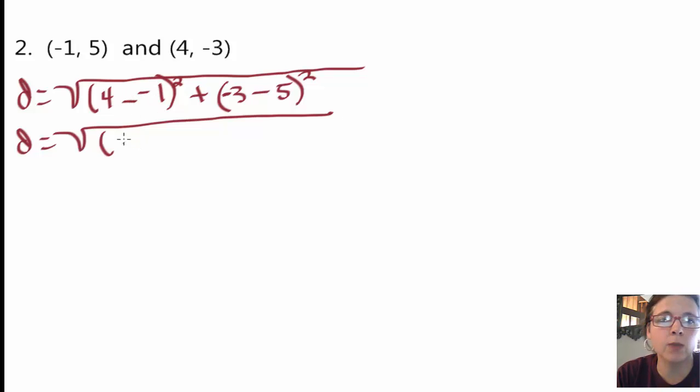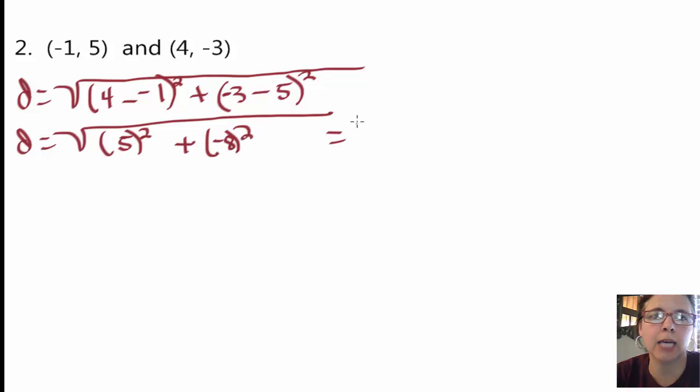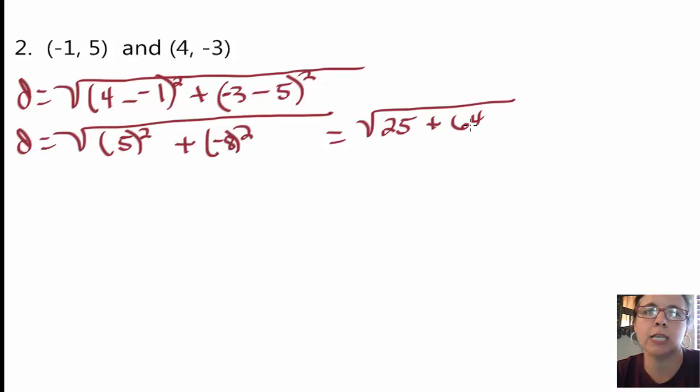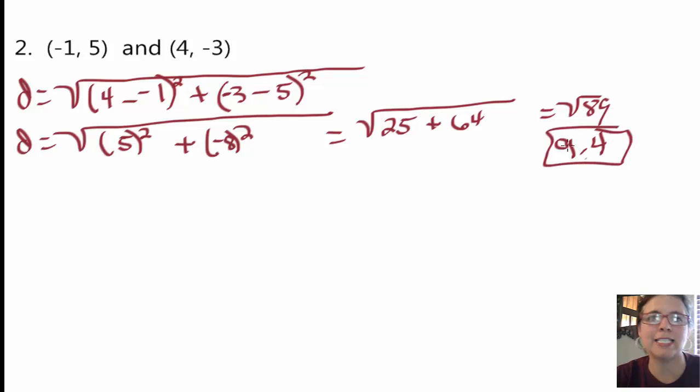So this is really 4 plus 1, so 5 squared, plus negative 3 minus 5, which is really negative 8 squared. So this is going to become the square root of 25, and remember when you put negative 8 into your calculator, you need to do the parentheses. So 64 plus 25 is the square root of 89, which is 9.4. That would be the distance from this point to this point on a coordinate plane.